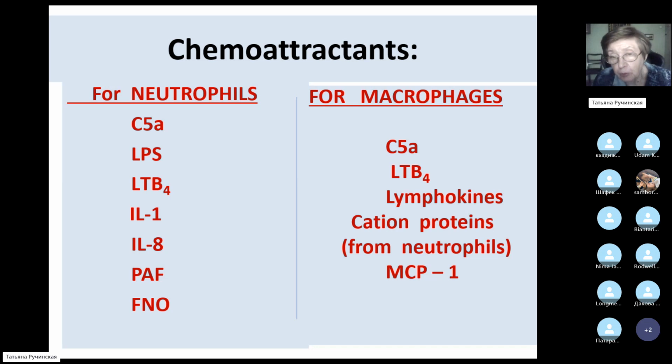You see, compare with monocytes. This is the second. And the third, neutrophils are granulated cells, so they have very many enzymes for killing and for destroying the target injurious agent.